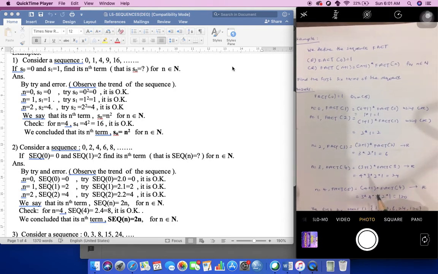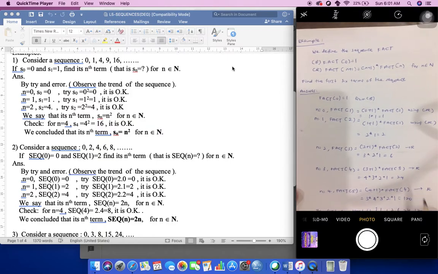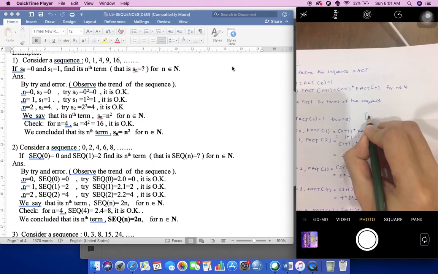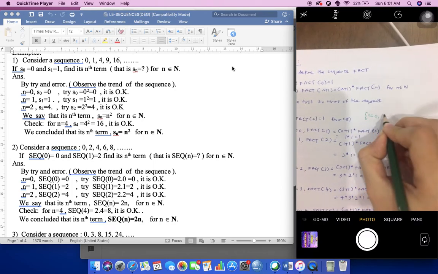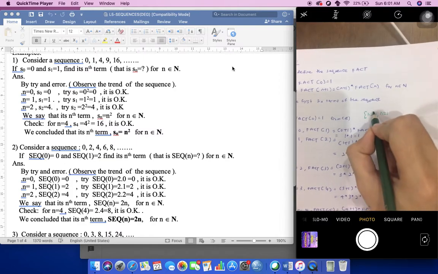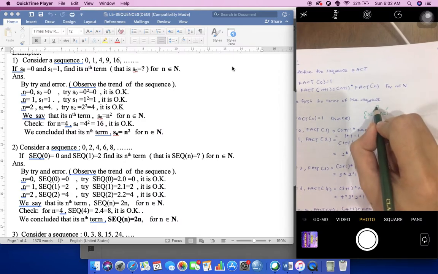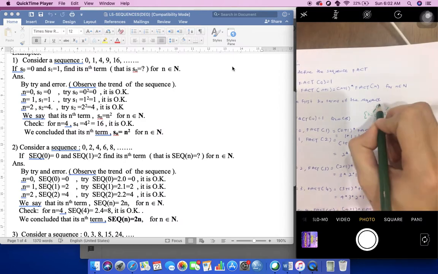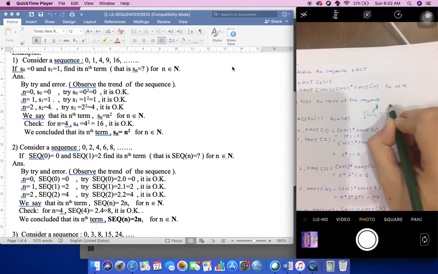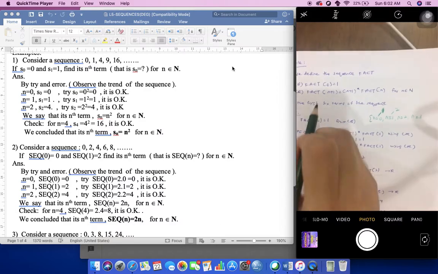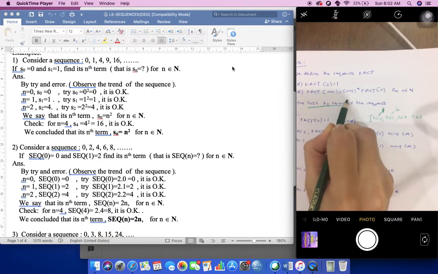When you want to find the list of sequence, the first thing you need to find is the sequence for n equal to 0, n equal to 1, then n equal to 2, n equal to 3, because they want us to find the first 6 terms here.